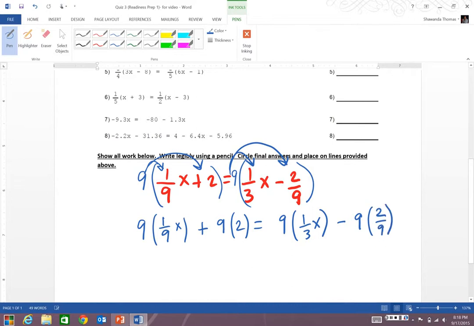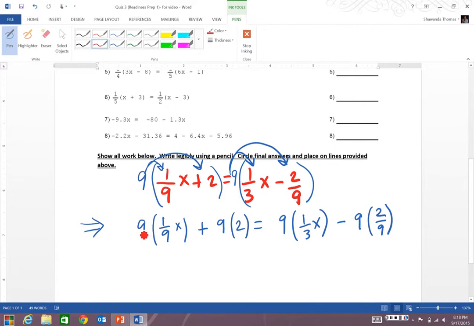I suggest that you write it all out like this so that you can start canceling things out properly. Because you could do this in your head if you're really good at it, but in order to avoid mistakes, I will write everything out like this line right here. That way we can go back and cancel things out.